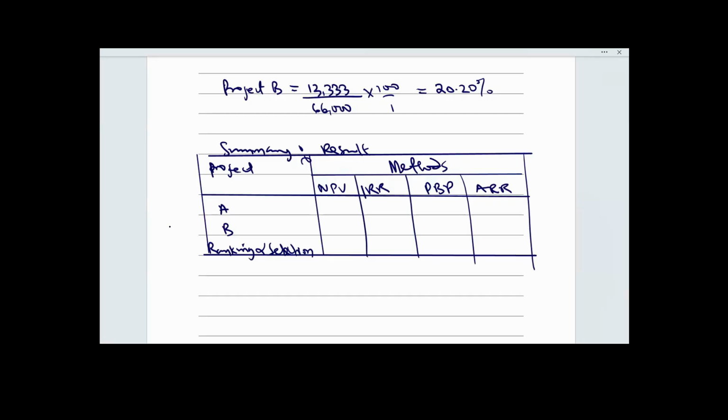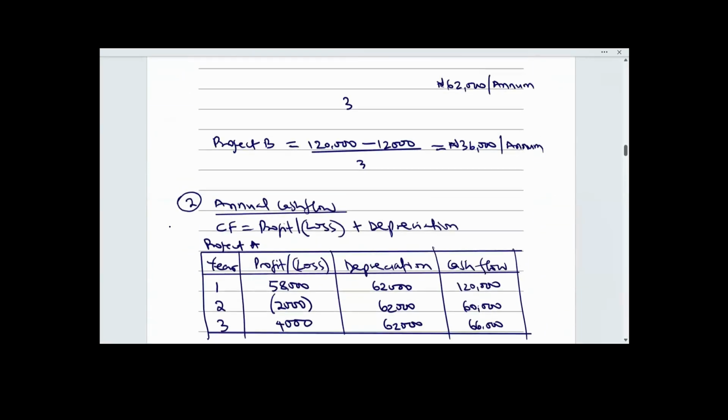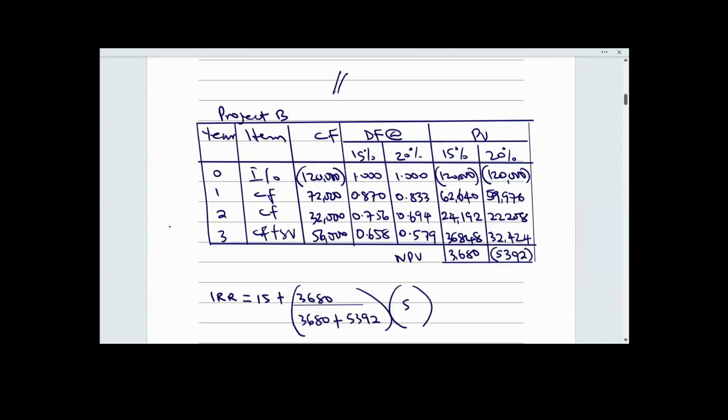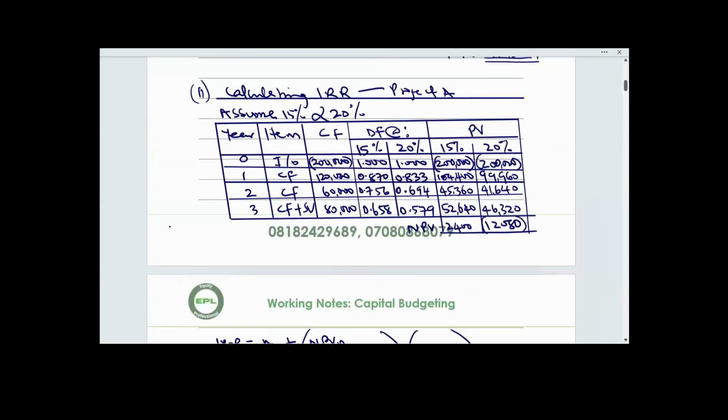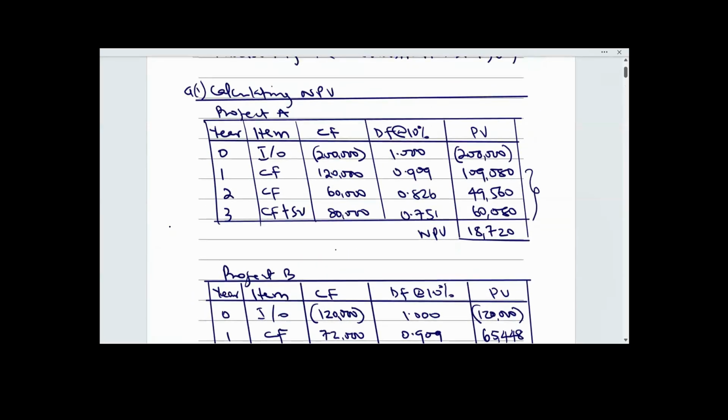For NPV for project A, we got... From our calculation, NPV of project A is 18,720.